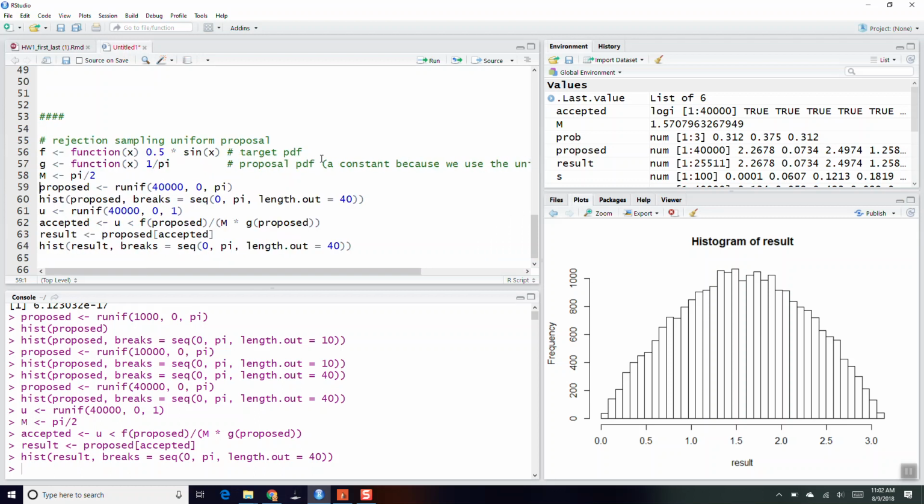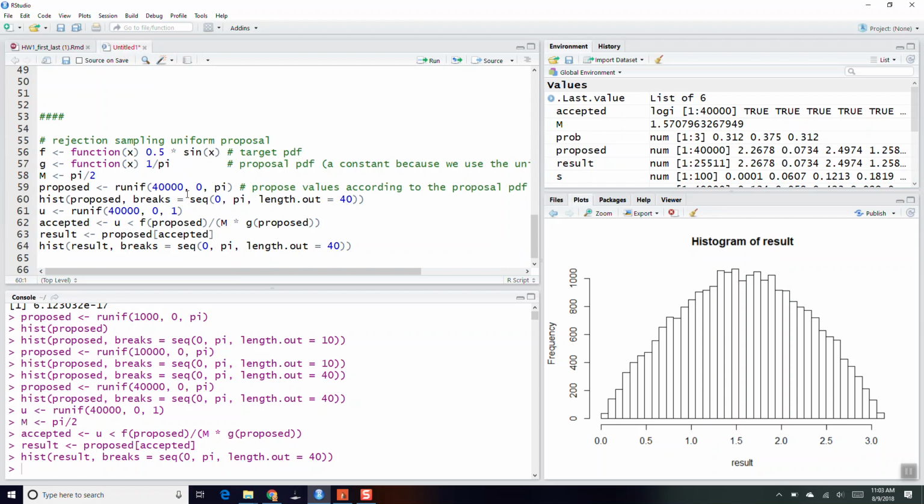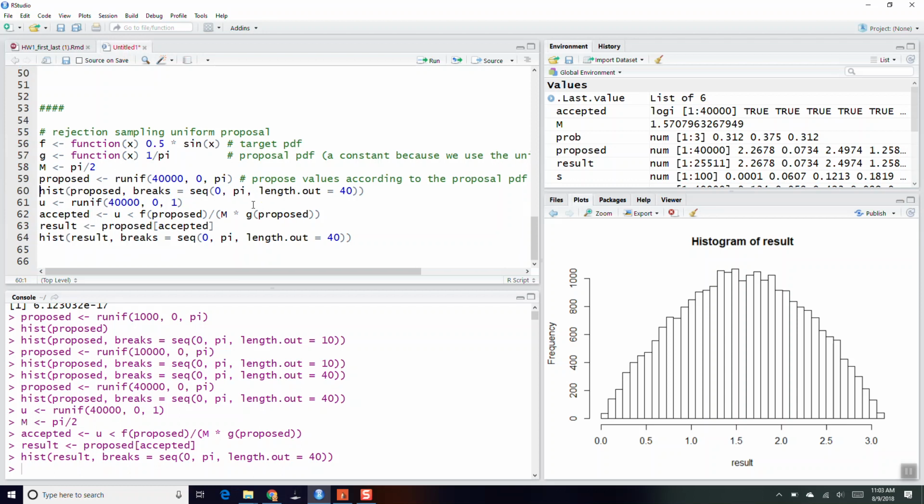So when you're using the uniform distribution, the PDF is just a constant. Okay. We propose values according to the proposal PDF, which is, we're proposing values between 0 and pi.